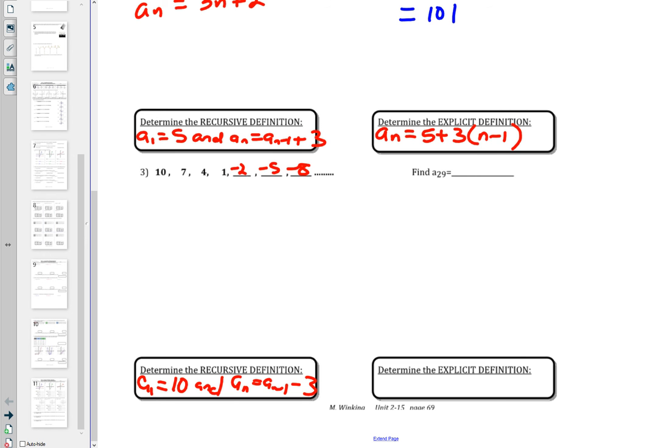Who can multitask and, while you're working, tell me what's different between this one and the previous two? That one's subtraction. Say it better. Say it smarter.